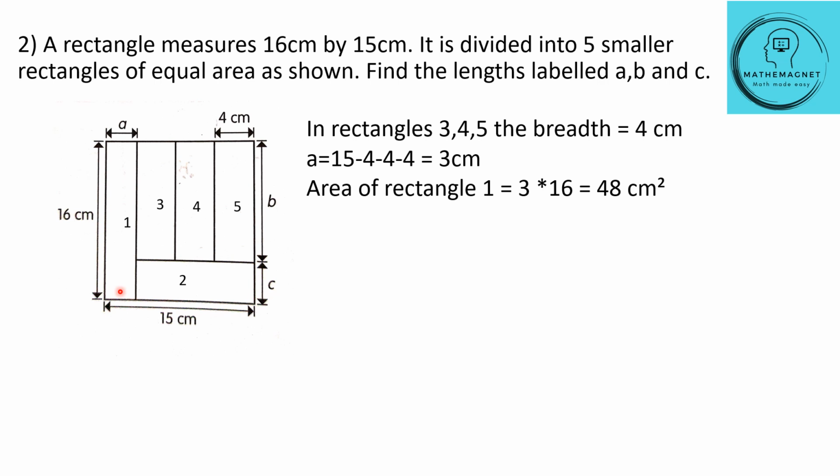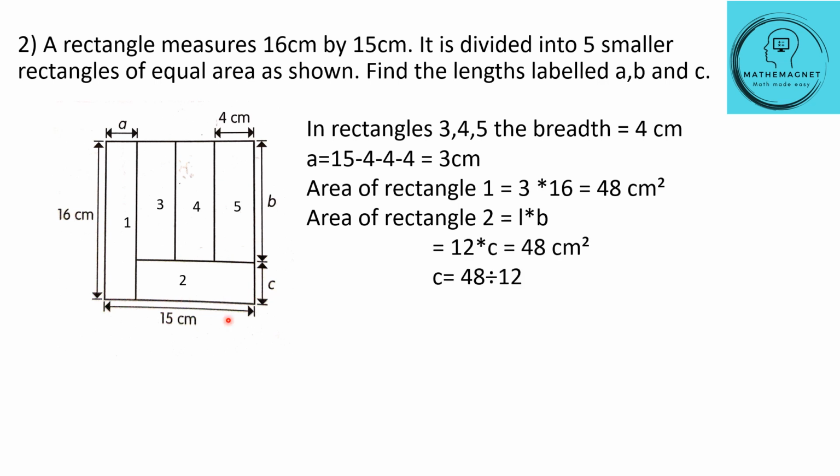So now from here we found out the area of each rectangle, since they have already mentioned each individual rectangle has the same area. Now let's go to rectangle 2. For finding the area of rectangle 2, we know the area of rectangle 2 is 48 as well.